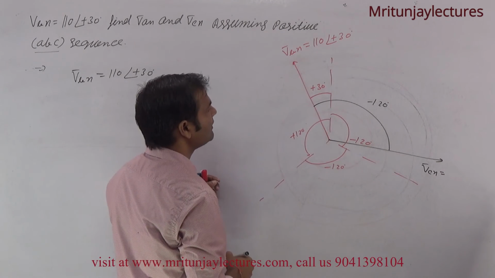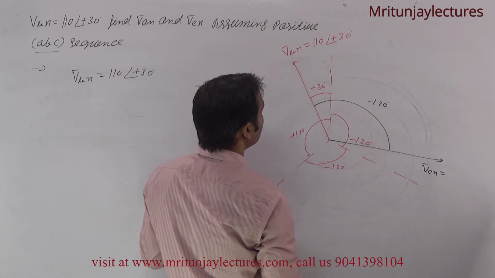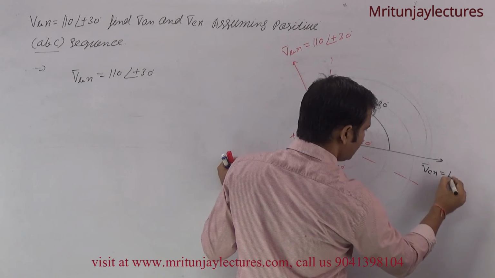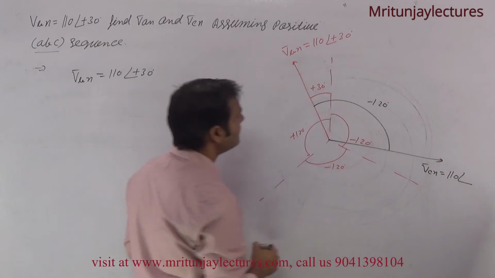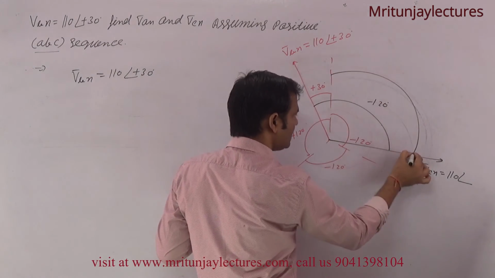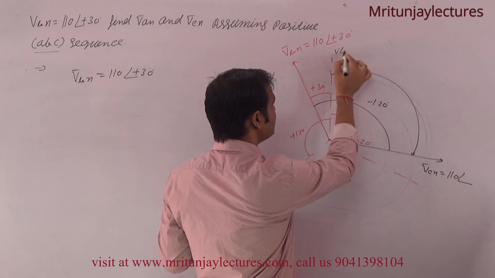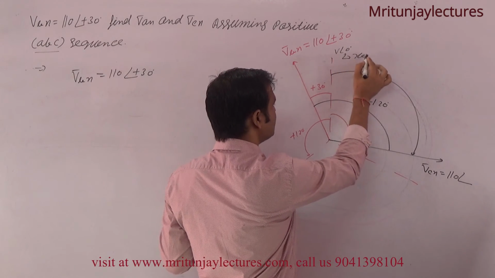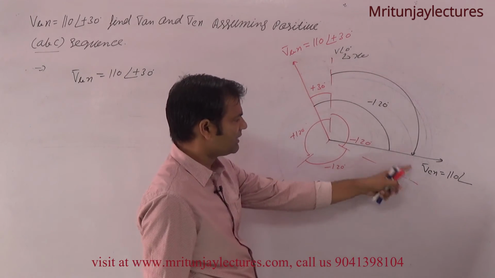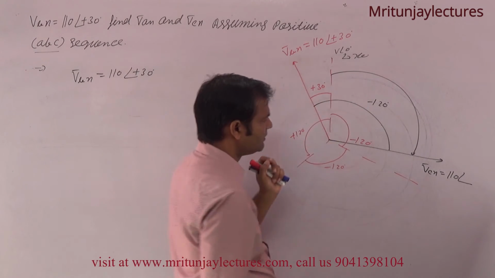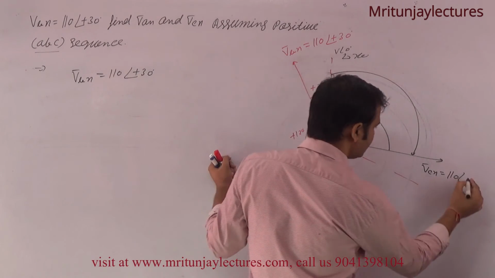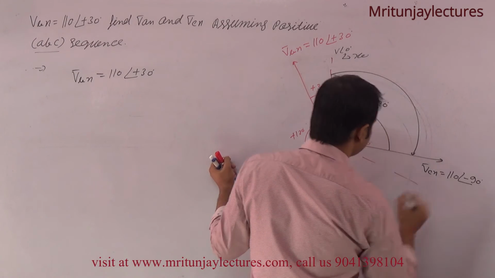Like this one. Clear? Now what about VCN? That is 110 at the angle 120. The angle between the reference and VCN is 120 minus 30, that is 90, minus 90 degrees.